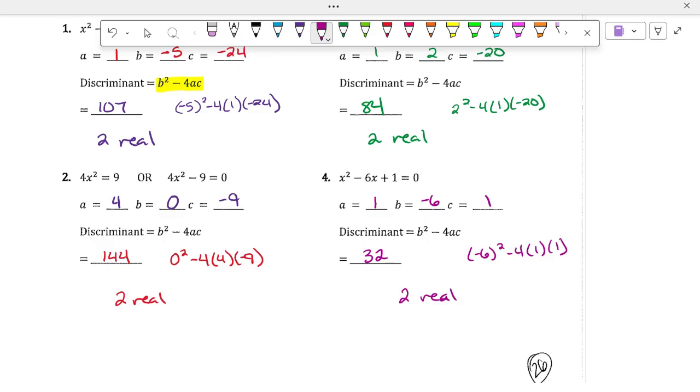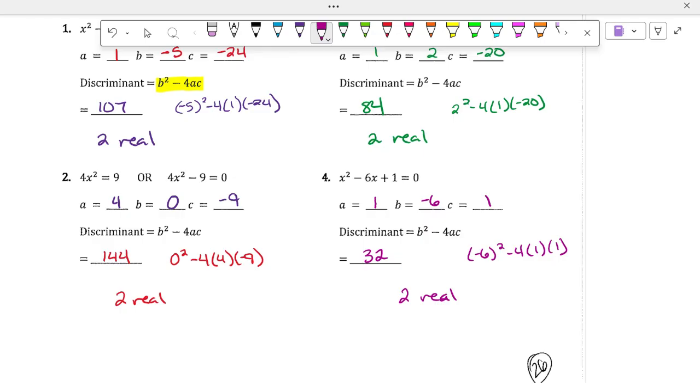And then our last step to solve for x, we just subtract b over 2a over. So what we end up with is x is equal to negative b over 2a plus or minus the square root of b squared minus 4ac all over 2a.